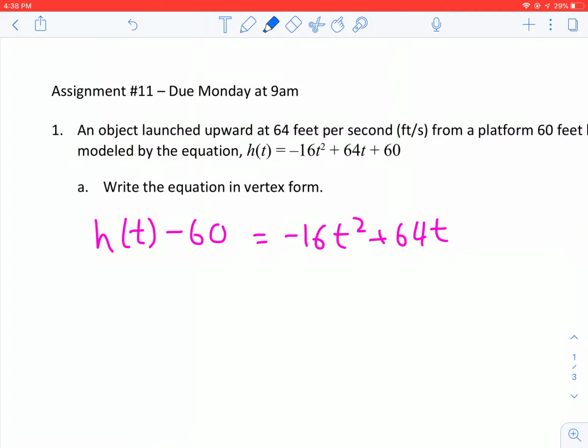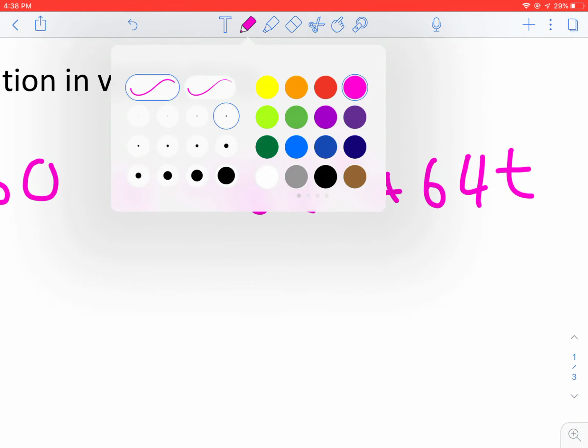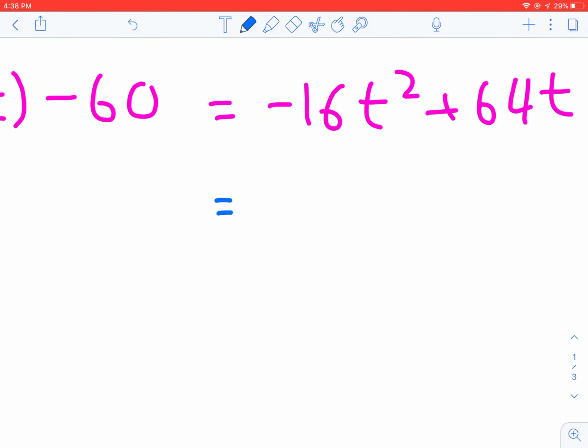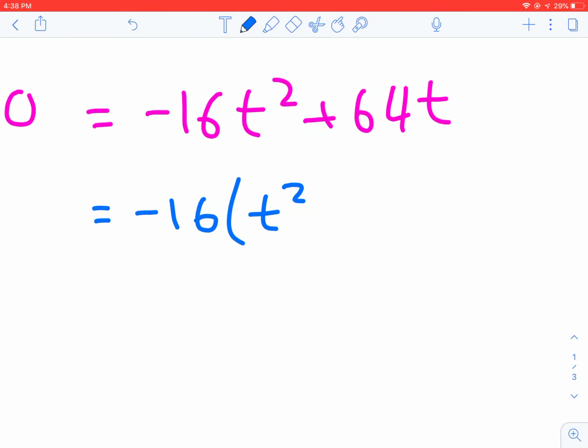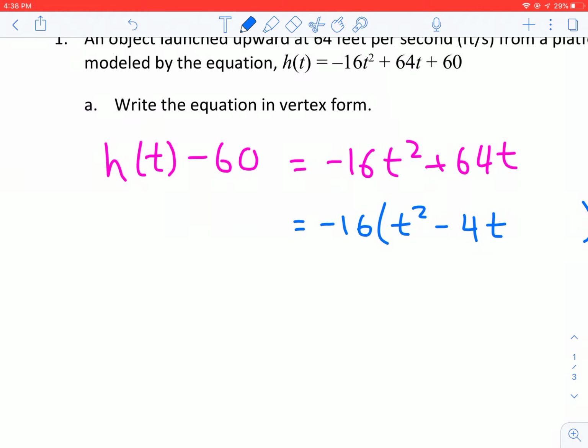Before we can complete the square, this a value has to be equal to 1, so what you do is you factor out that negative 16. So I have negative 16 times t squared. What is 64 divided by negative 16? That's negative 4t. And over here, that's still h of t minus 60.